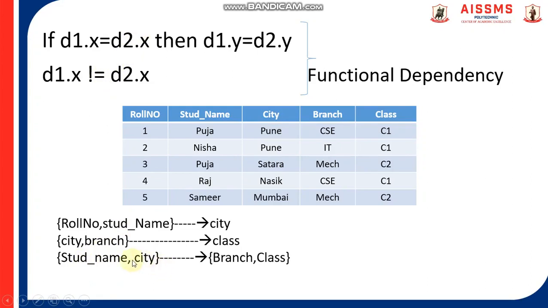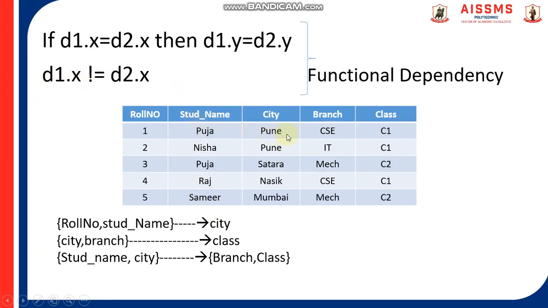Stud name and city, taken combined as the X value, and branch and class as the other value, the Y attribute. Okay, stud name city: Puja Pune is the X value, and branch CSE C1 is the Y value. Puja is similar, but the city of that particular Puja is different, so this is the second case, not equal.